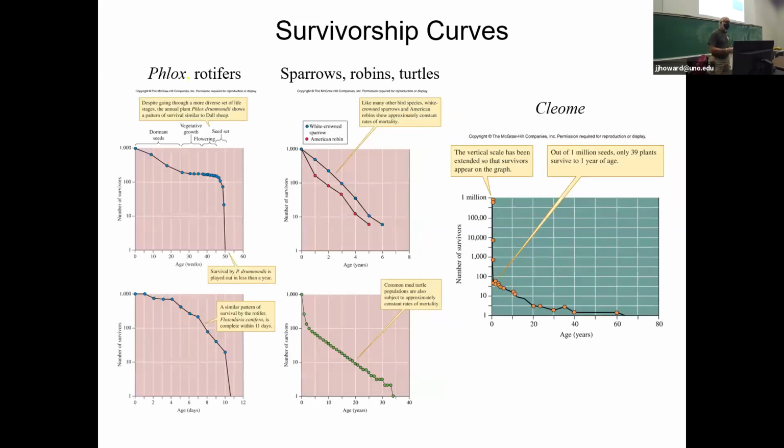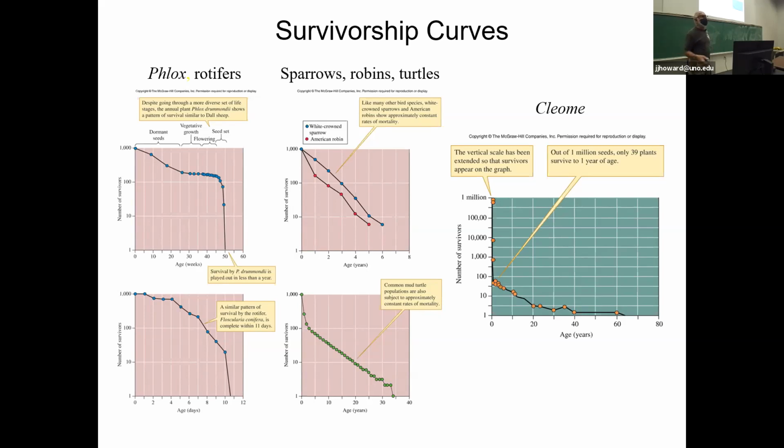So here are some examples. Here's some type 1 curves for rotifers. Notice that these guys on the top left have a fairly substantial mortality early, but then it's constant. And then when they reach the age of about 48 weeks, boy, everybody just dies. That's a good type 1 curve. Okay, notice that they're not perfect.